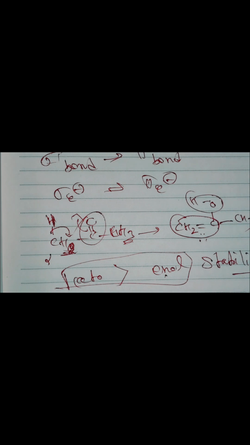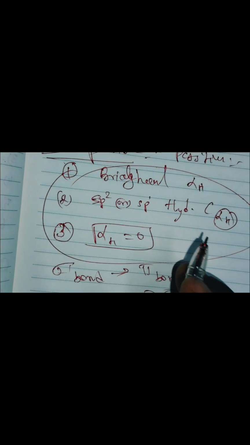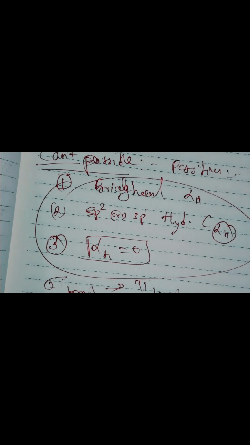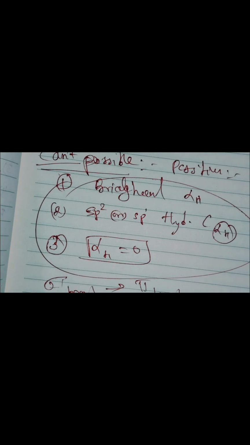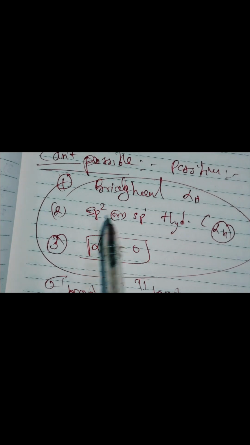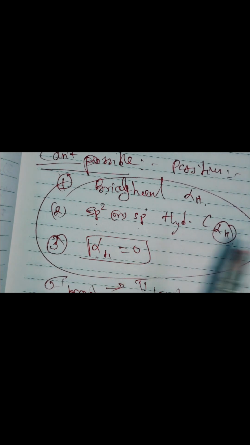In general, keto-enol tautomerism is very important. For this topic, we just need to know where keto-enol tautomerism is not possible, and the remaining places are then possible. It is not possible where there is a bridgehead alpha hydrogen, an alpha hydrogen on an sp2 or sp hybridized carbon, or where alpha hydrogen is equal to 0.